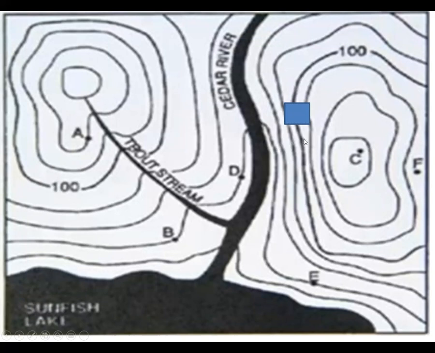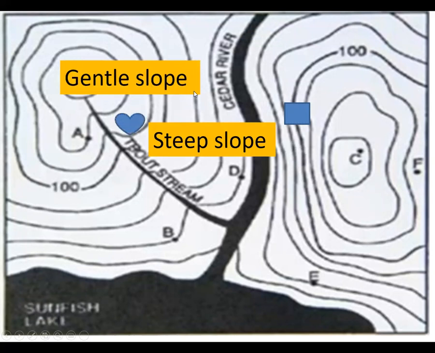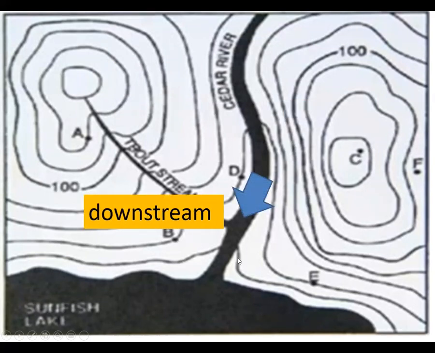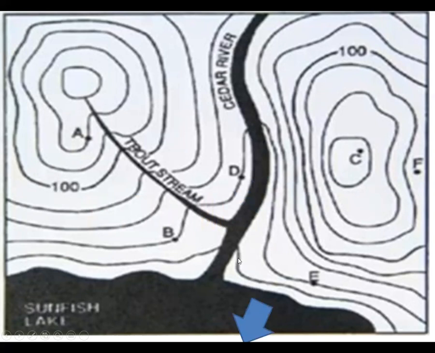So this is a very steep slope, while in here, the lines are very far from each other, so it's a gentle slope. So remember, they both have the same elevation. So that's going downstream, going to the ocean, or in this case, going to the lake.